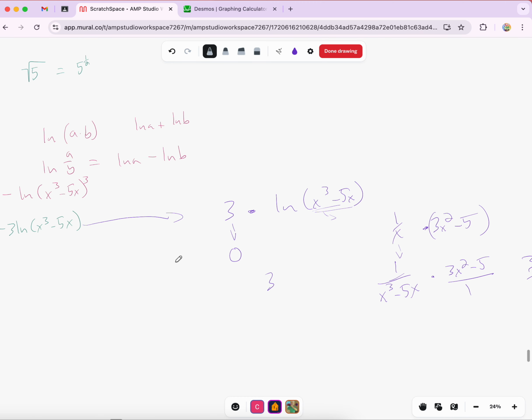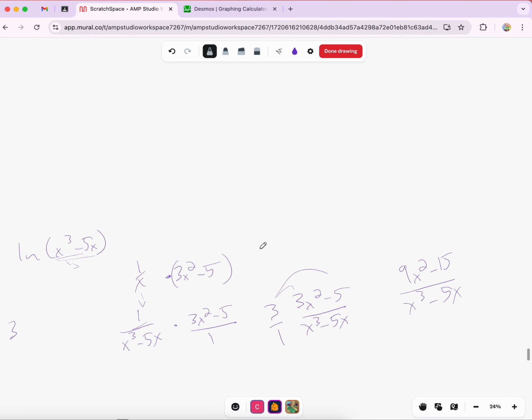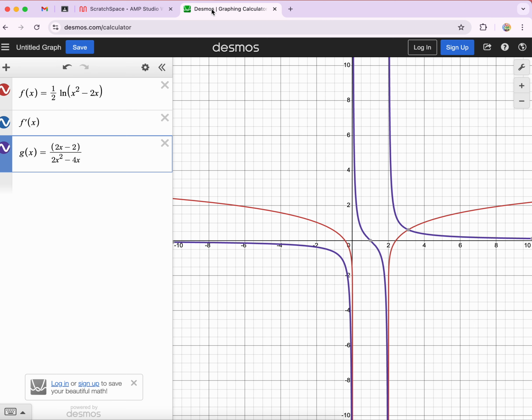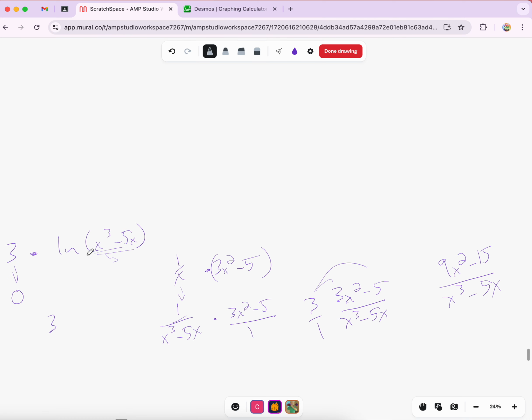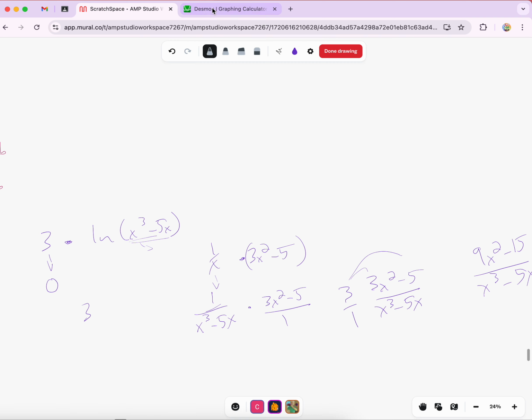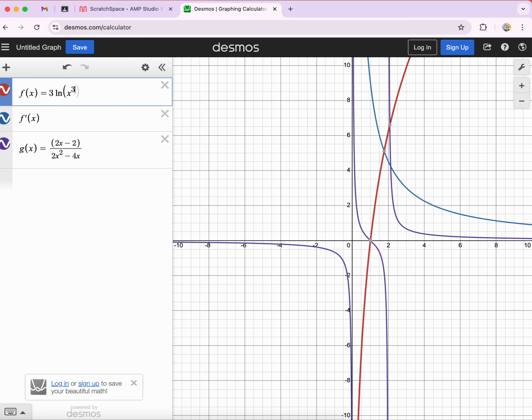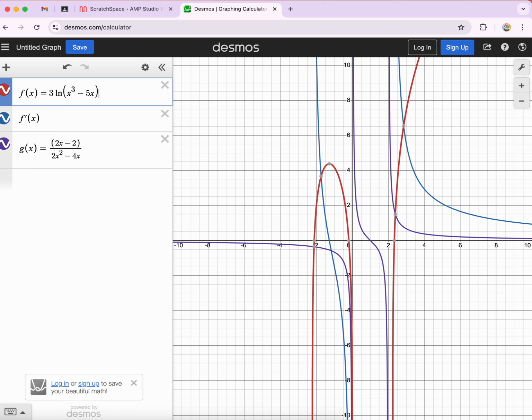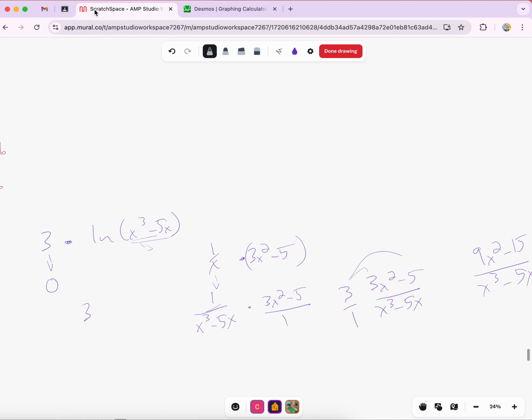All right, so let's double check that in Desmos again. In Desmos, I'm going to do my original, which is 3 ln, 3 natural log of x cubed minus 5x. Very funky function we've got going on here.